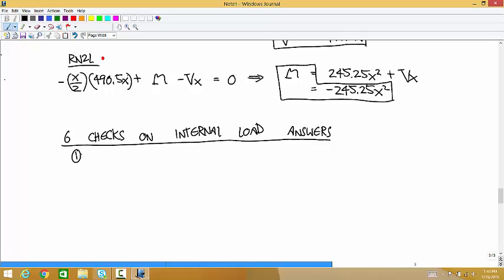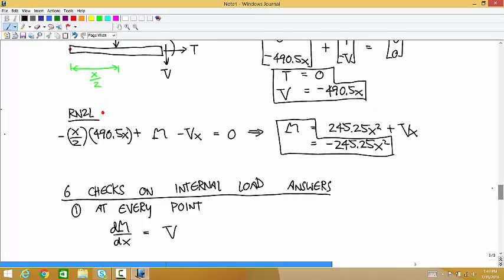The first one is that at every point, dm/dx has to be equal to v. Okay, so let's look at the two examples we did. Each of these only has one cut, so we only have to check this in one place.